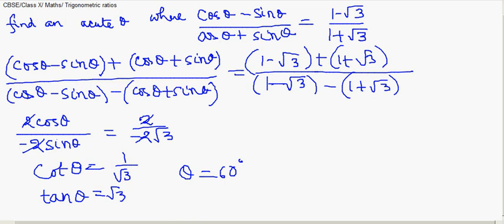Now I will be taking up a word problem based on these trigonometric ratios. Let me just write down the question. It says an equilateral triangle is inscribed in a circle.